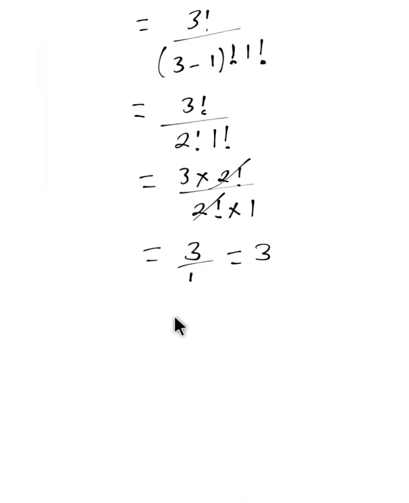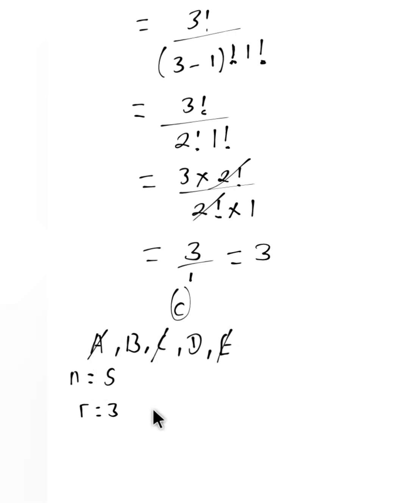Now let's move over to the C part of the question. In the C part of the question, how many committees will include any 3 particular members, say A, C, and E together? Now remember that we have A, B, C, D, and E. n is equal to 5 and r is equal to 3. But the condition in C is that A, C, and E are already chosen.